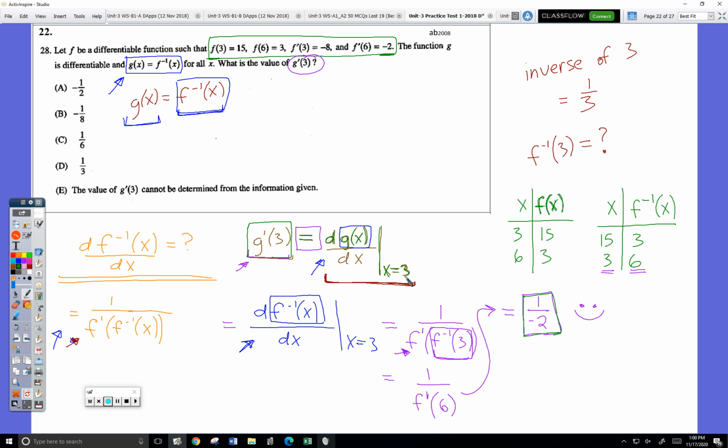So you're good there. Not exactly. That's when we say, oh, they told me that these two are the same, so let's stop looking for G prime. Let's go looking for the derivative of F inverse instead, because they are the same. Now you're okay. Good.